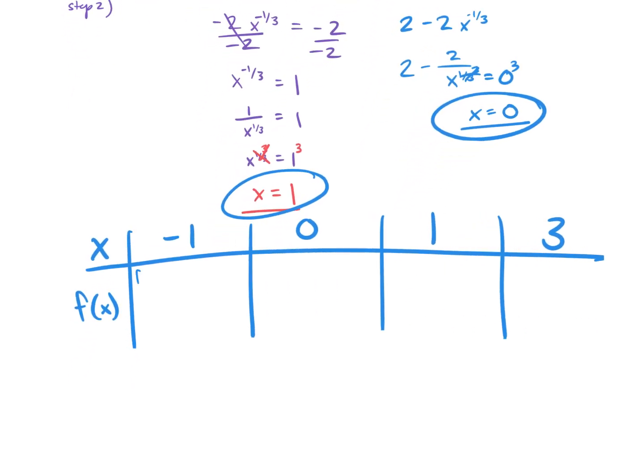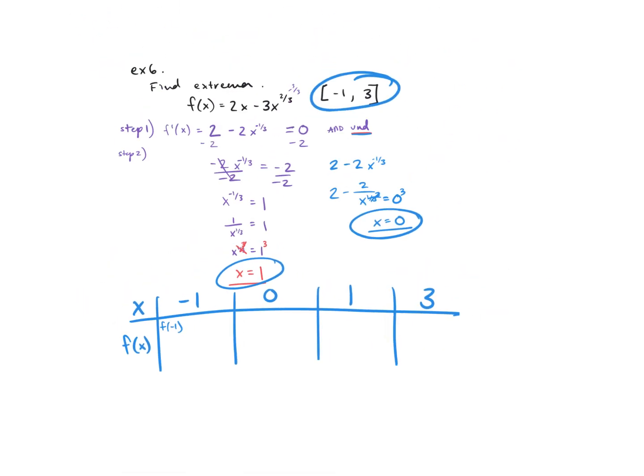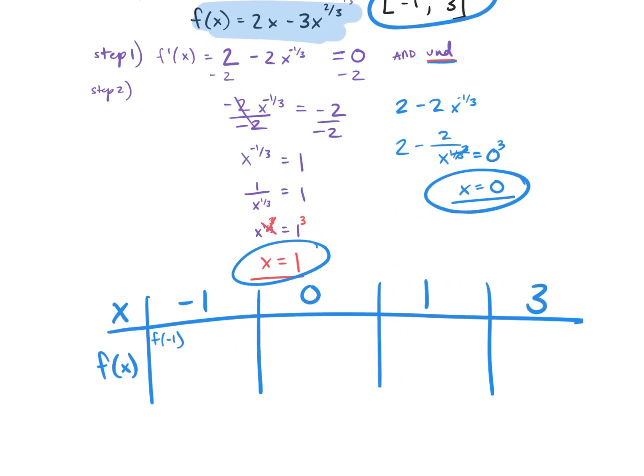Let's figure out what's what. So we're going to plug in -1 into our original function here. So we have 2 times -1 minus 3 times -1 to the power of 2/3.